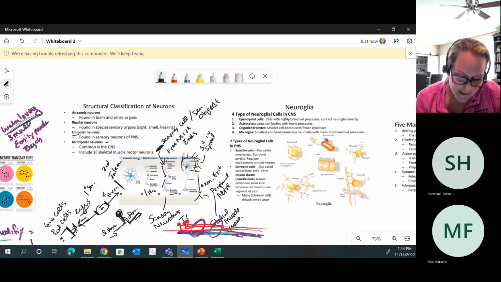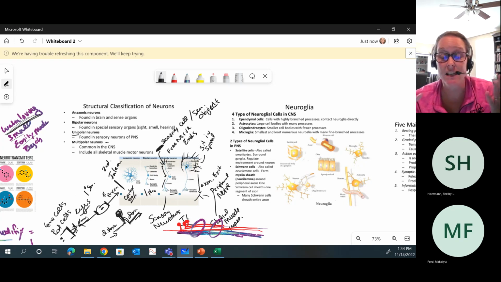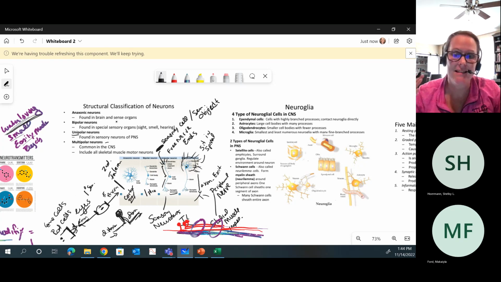All right. And the last type of neuron, which is going to be in many of the cortex or gray matter regions where we don't need the neurons to travel a far distance. They just need to communicate with the neurons around them. You're going to have something that doesn't really look like it has a true axon, or it's hard to tell which is the axon.